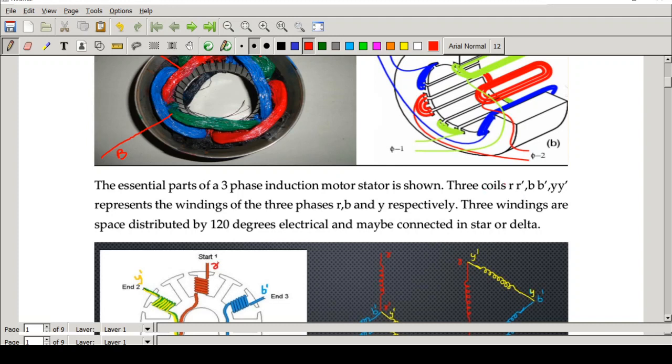Let the starting of the winding be R, of the red phase, and then R dash will be the finishing end. The same convention we can use for the blue phase as well as the Y phase. So you have to remember that there are three windings corresponding to the three phases R, B and Y, and these windings are displaced by an angle of 120 degrees.